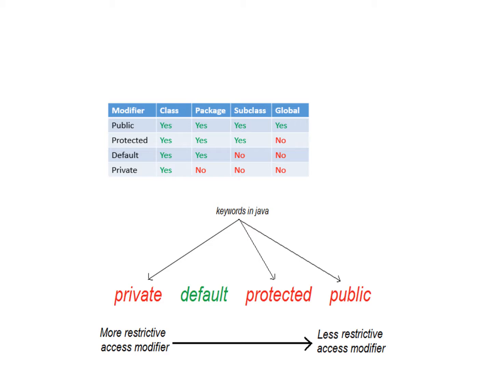As you can see, public is accessible everywhere: within the class, within the package, in subclasses, and globally, meaning outside the package. Protected is accessible in the class, in the same package, and in the subclasses, but not globally. Default is accessible within the class and within the package, but not in subclasses outside the package. Private is accessible only within the class, nowhere else.